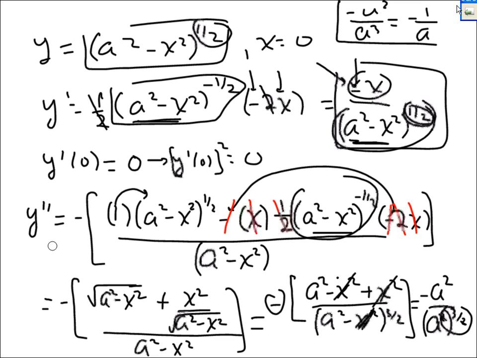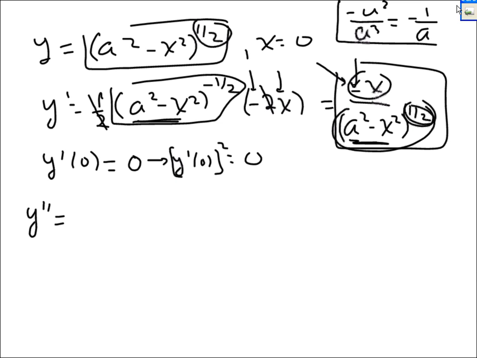Let me write that down while I erase this mess. So y double prime at 0 is negative 1 over a.